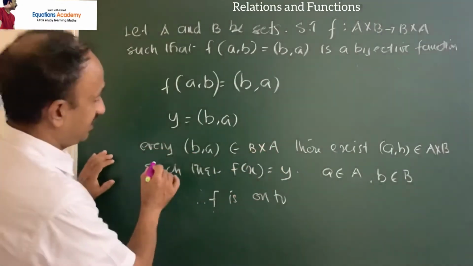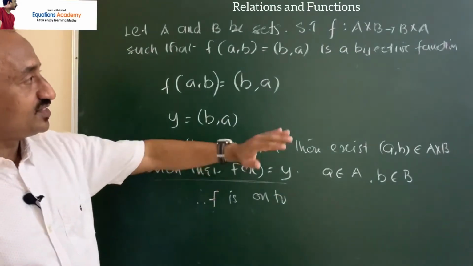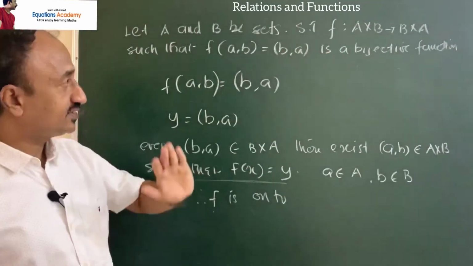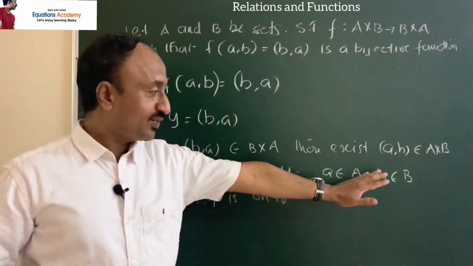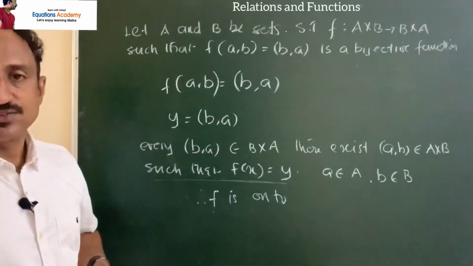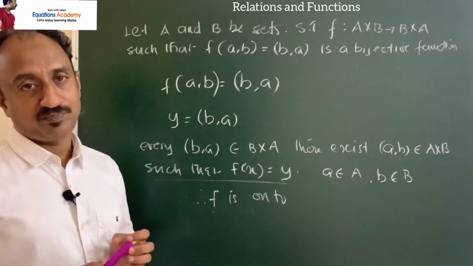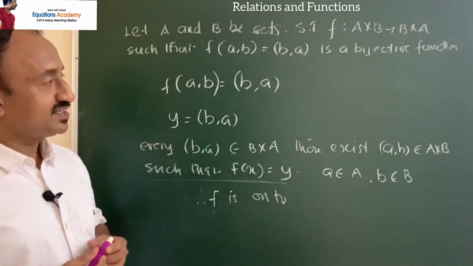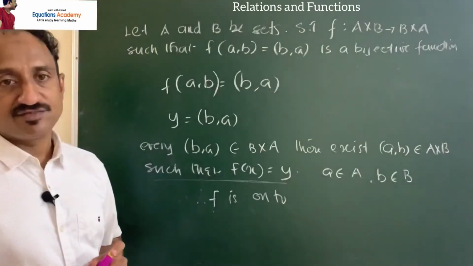This was our condition. Since there are two cross products, A cross B and B cross A, for all a belongs to A and b belongs to B, our condition is satisfied. So f is onto. So this function is 1-1 and onto. So it is a bijective function.